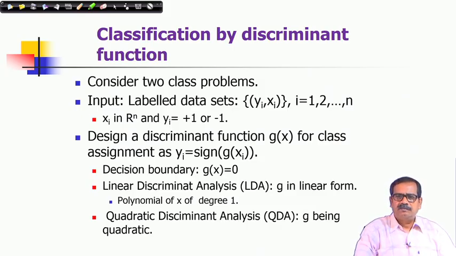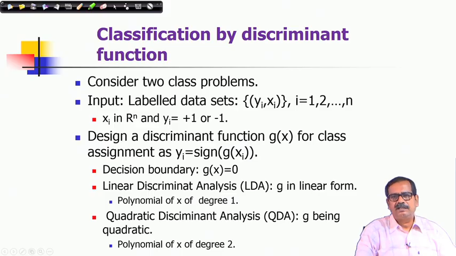Here x is a multidimensional vector, so for each attribute taking part in the expression of the function, the polynomial degree should not exceed 1. It is a polynomial of x of degree 2 for quadratic, so each attribute's degree should not exceed 2.